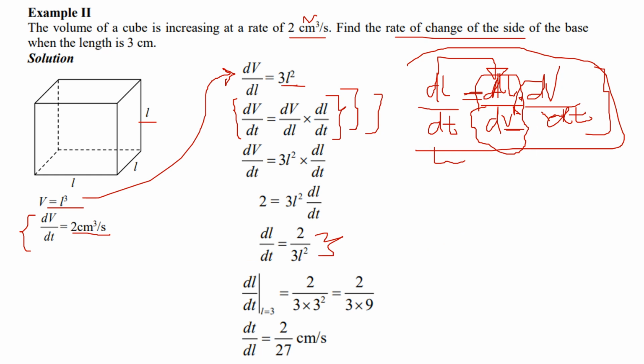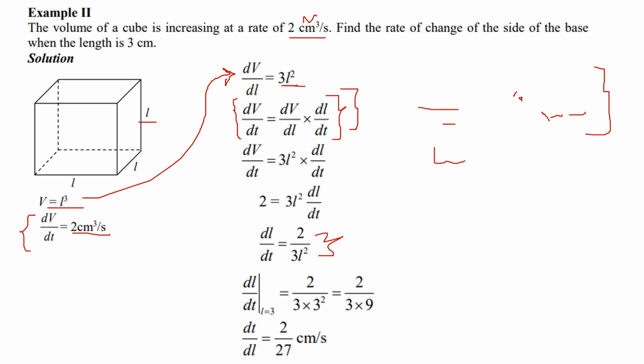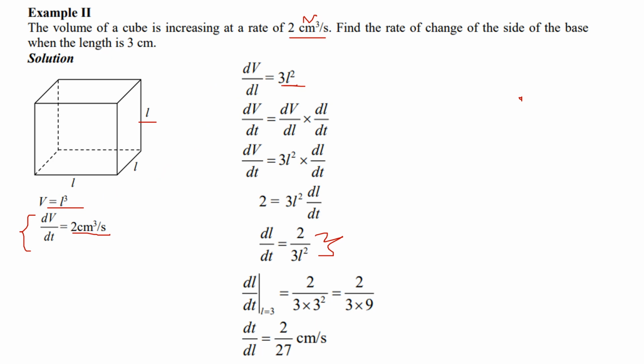Now after getting the variable that was required in the question, you go back to the question and see whether you can find any concept like when, or if, and then you substitute for the given variable or the given standards into your differential equation. So here you are being told to find the rate of change of the side of the base if the length was 3 centimeters.